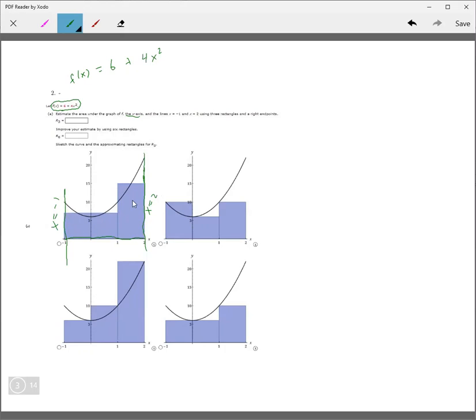Now these blue areas are a little bit different. They want us to do R3 and R6. R3 means 3 rectangles, and it means use right endpoints.